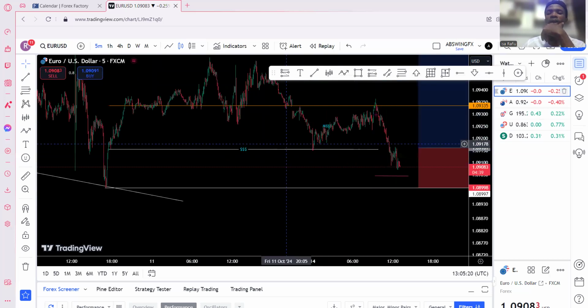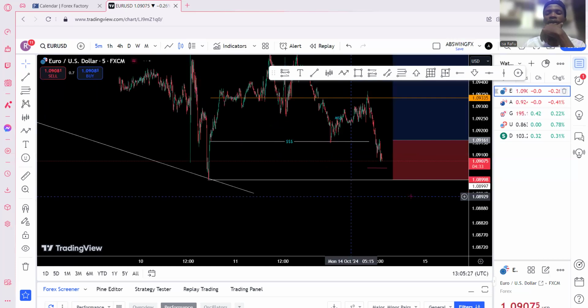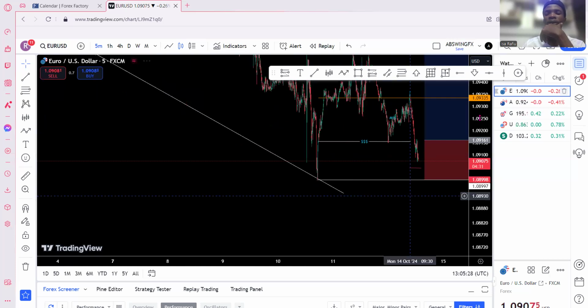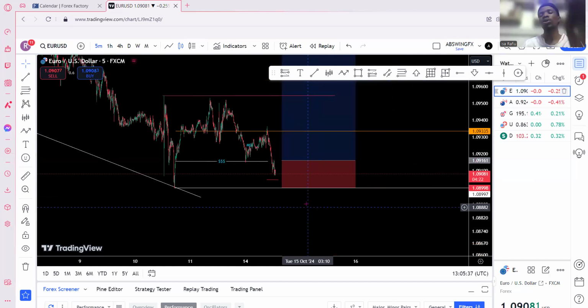Let's say when the price clears these, so it's clear, then we know. So what's happening on the market next is what we need to be looking at.